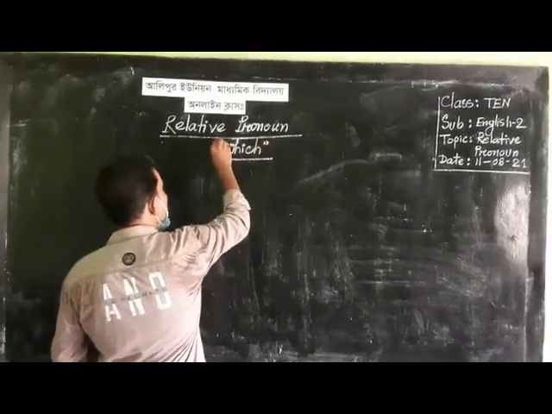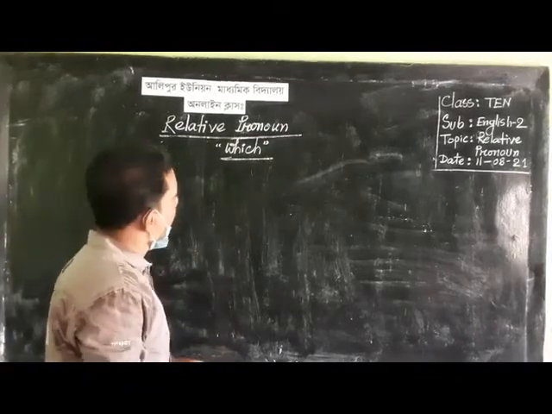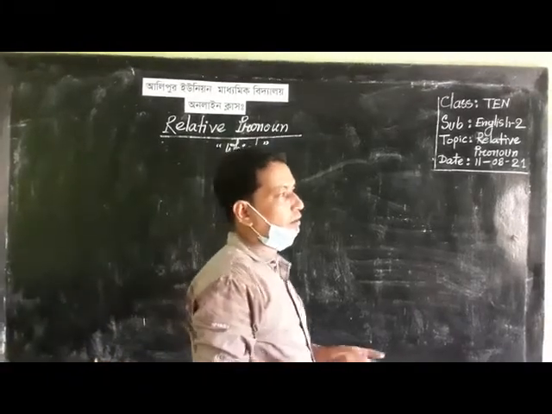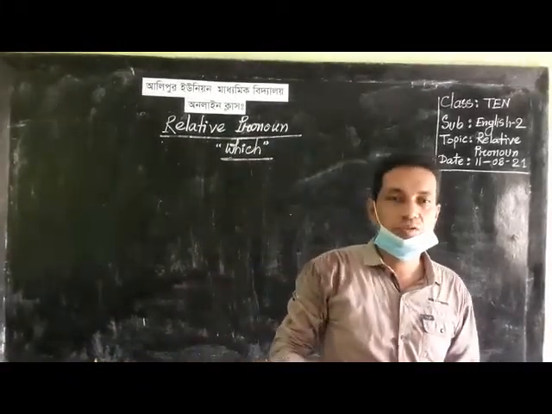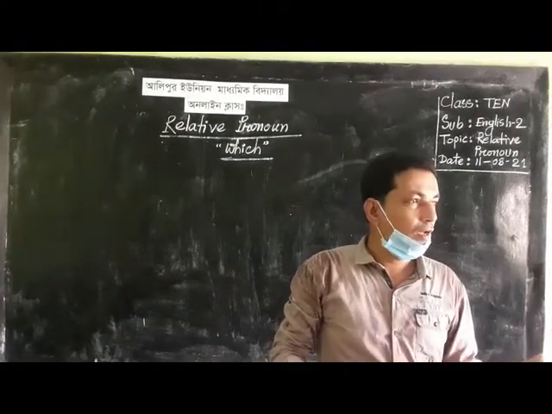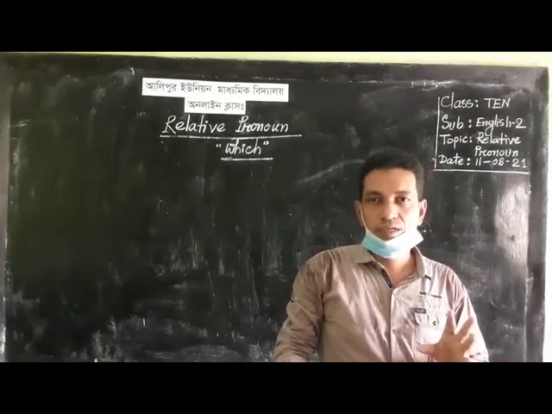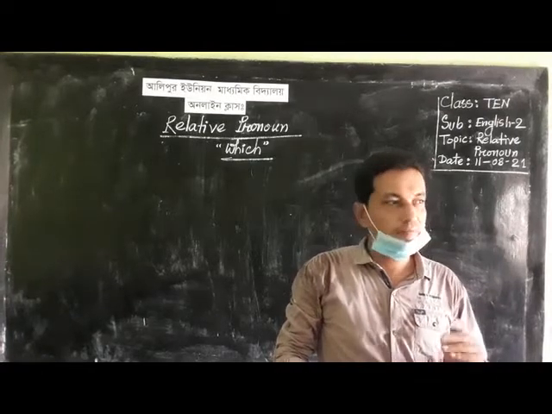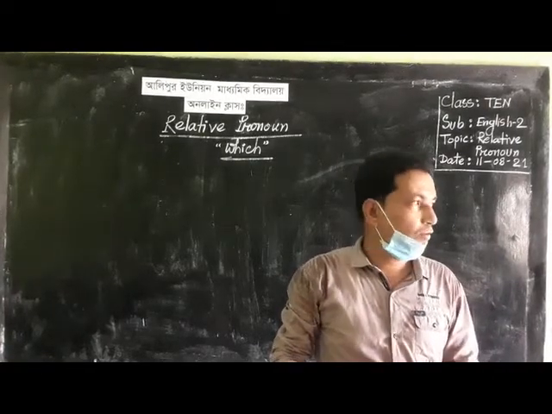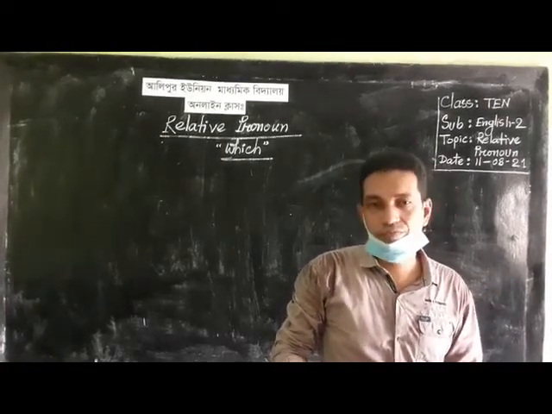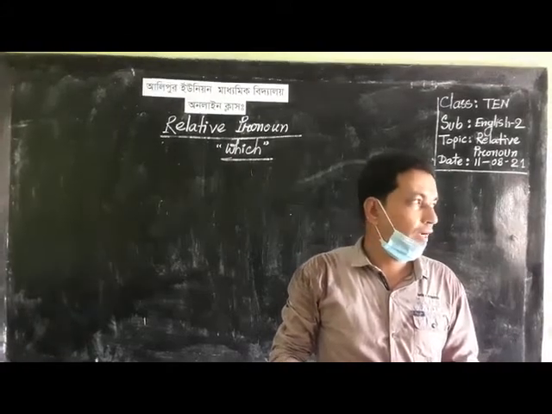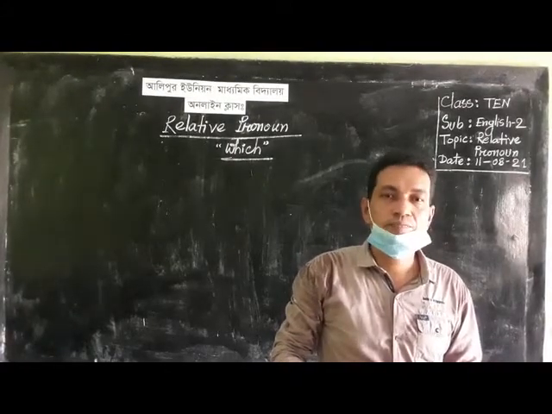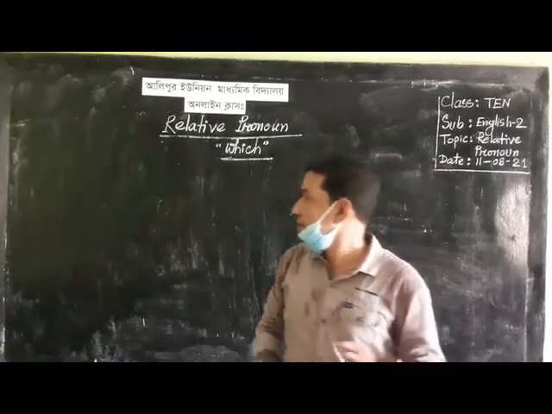Which is a type of relative pronoun indicating materials, not a person. It may be a lifeless object, that means the object has no life of its own. It indicates that type of noun.